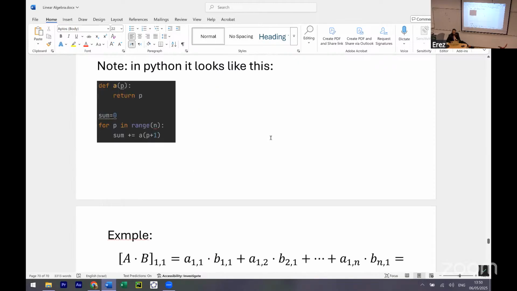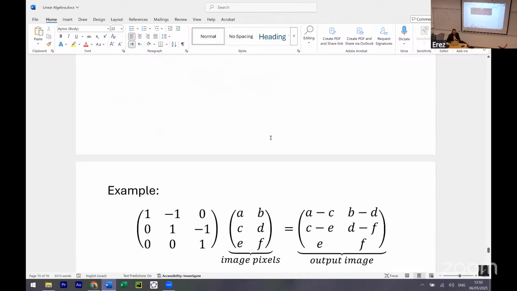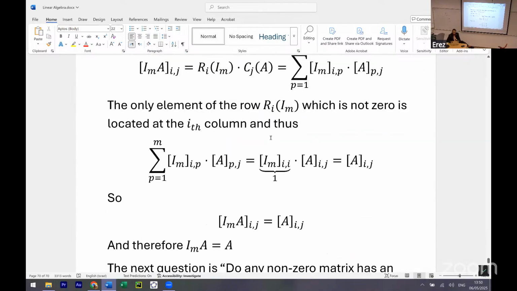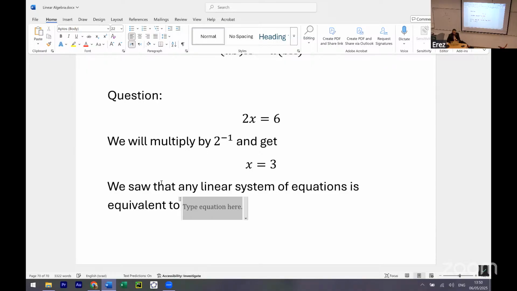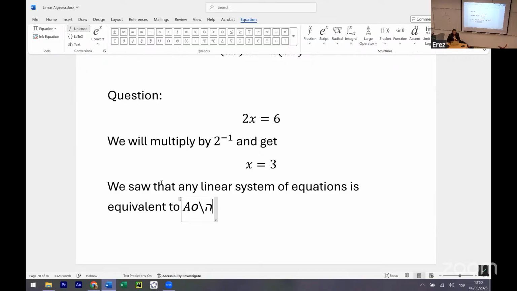So we saw that any linear system of equations is equivalent to A times x equals b.